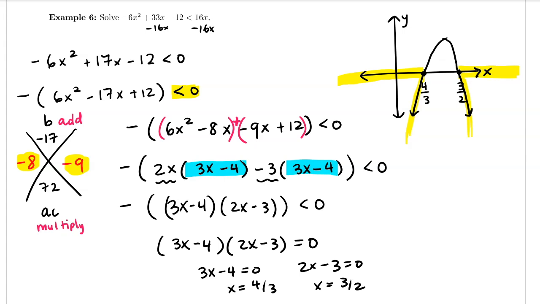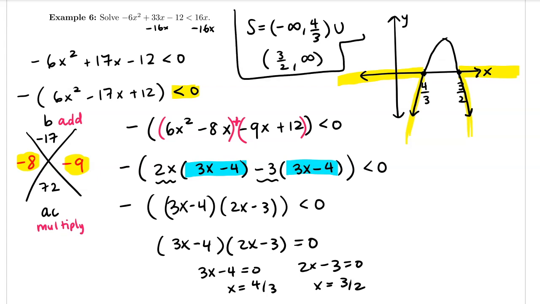So when I am coming up with my solution set, S is equal to -∞ to 4/3, and I'm not including my endpoint because 4/3 would make it 0, and I want to know when it's less than 0, and then union 3/2 to infinity. So here is my final answer for my solution set in example 6.